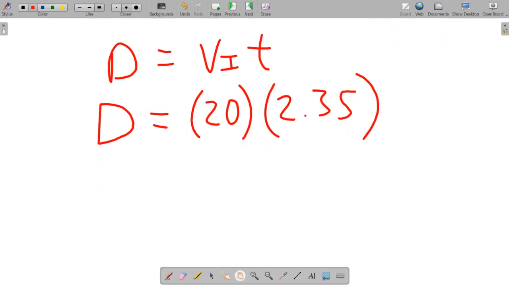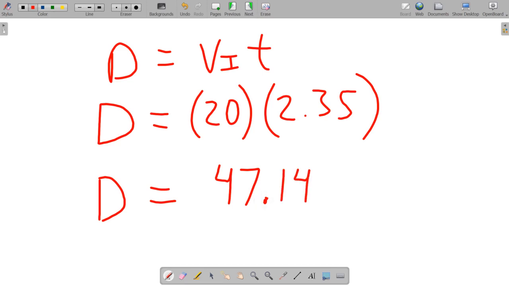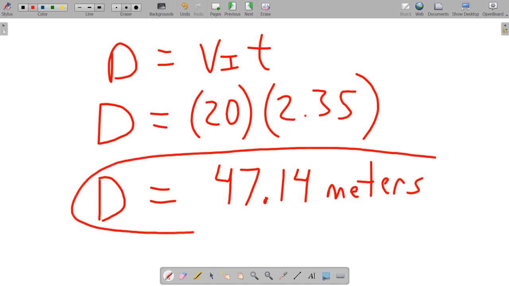And then when we multiply those together, what we get is a displacement of somewhere around 47 meters. Okay. And that is our displacement for situation A.